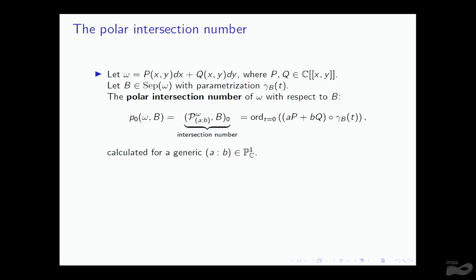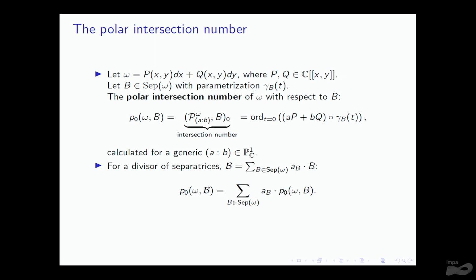Well, the polar intersection number of this one form with respect to B, a separatrix, a formal invariant curve, is the intersection number of the polar curve and B, okay? But calculated for a generic point AB. For generic AB, this number is constant. It's called the polar intersection number. Okay, and for the divisor of separatrices, I define this polar intersection number additively.